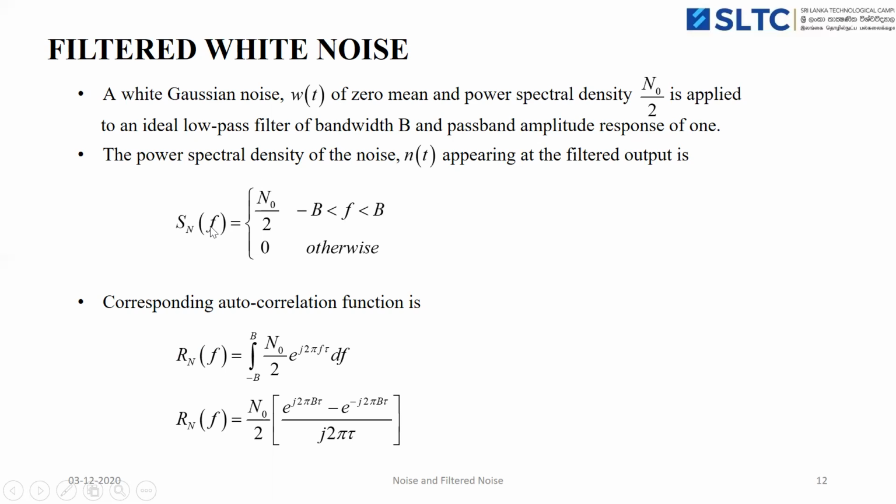Then the power spectral density of the output noise Sn of f equals N0 by 2, but within the limited band from minus B to plus B and 0 otherwise.